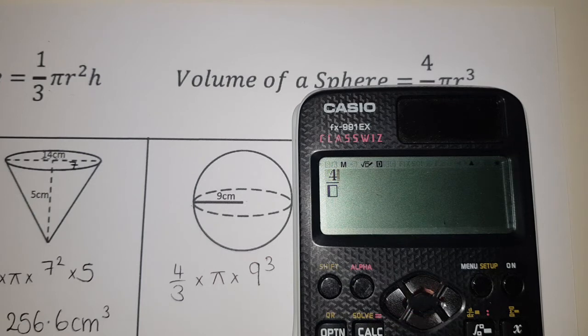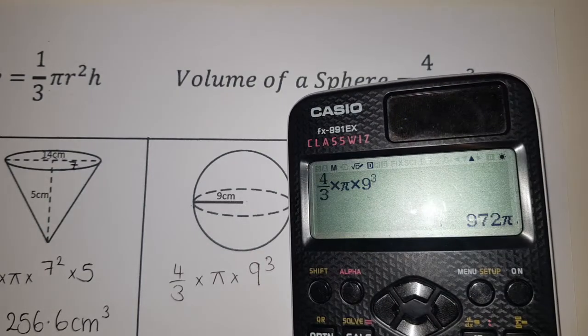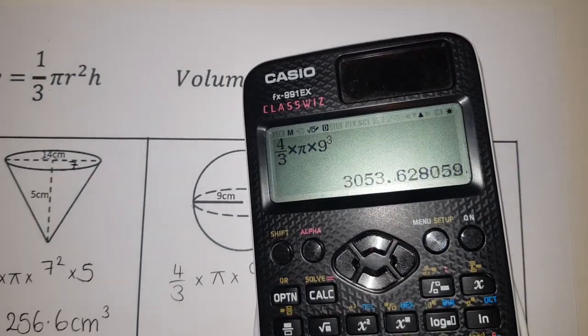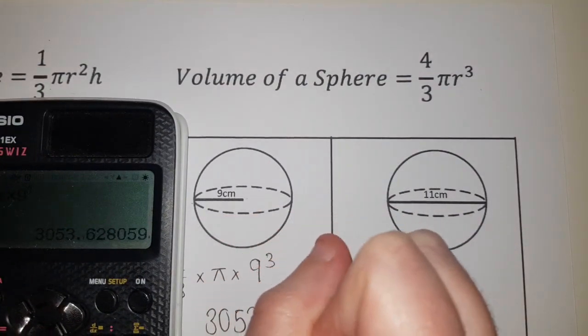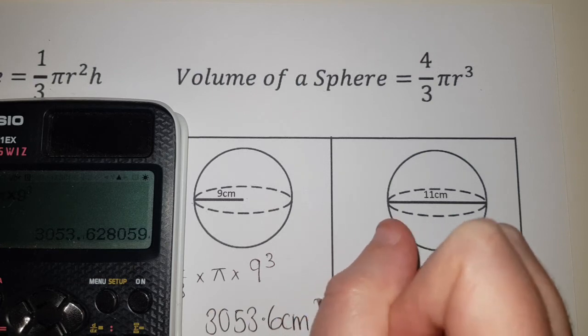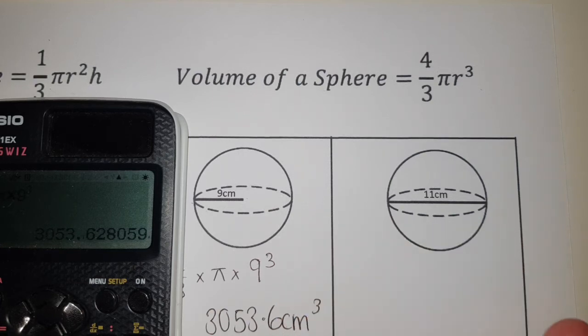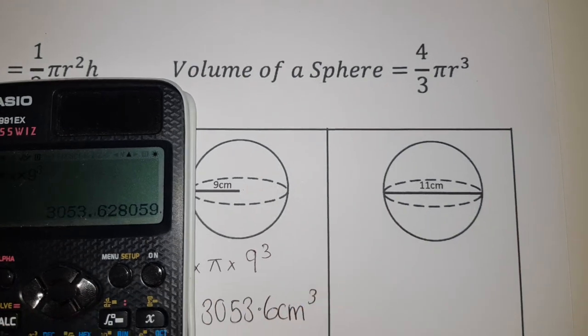So 4/3 pi r cubed, and I get, remember, if it comes up like that, S to D button, and it turns it into a decimal, I get 3053.6 centimetres cubed. Okay, these will be quite big numbers for spheres.